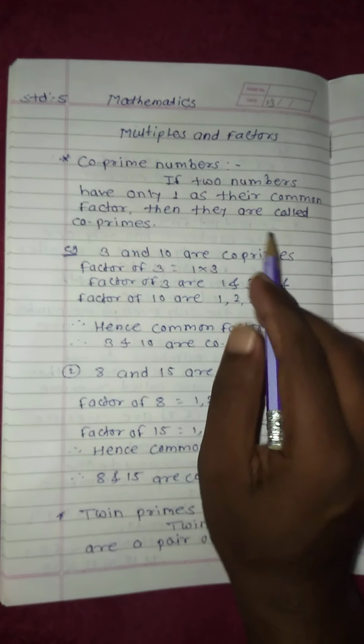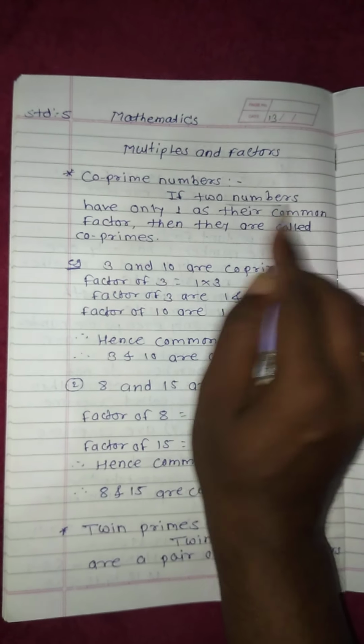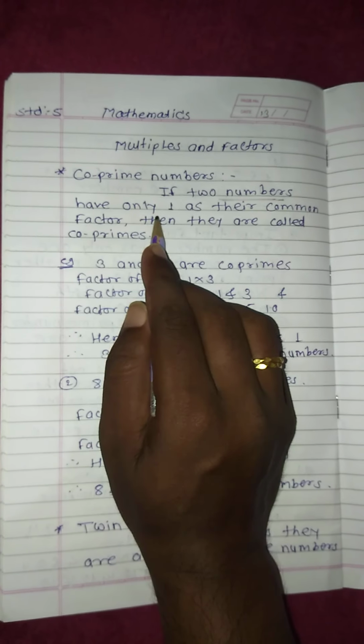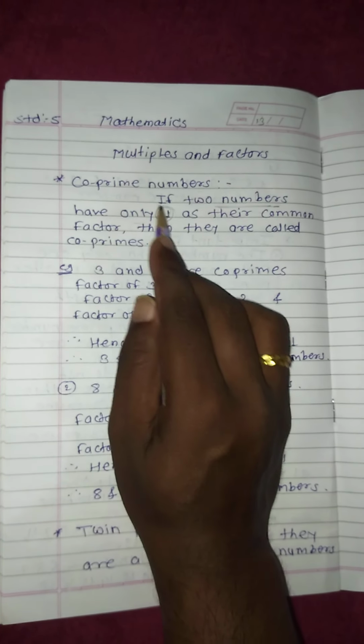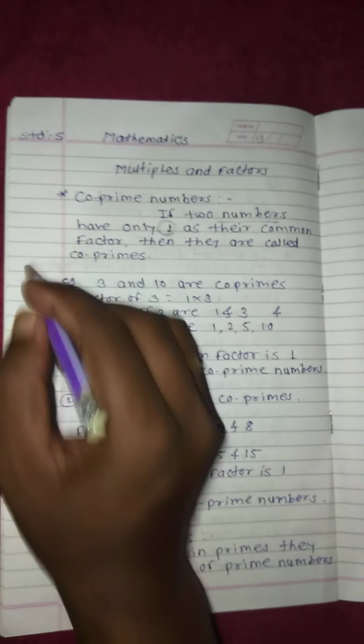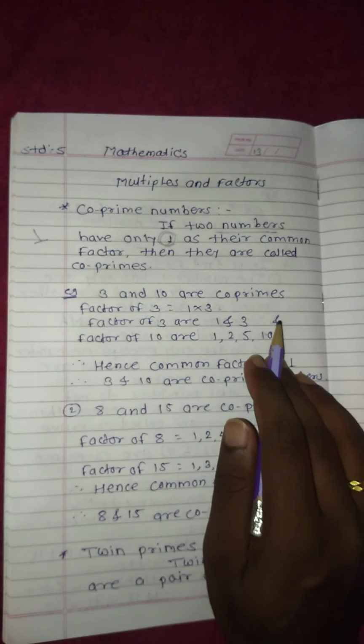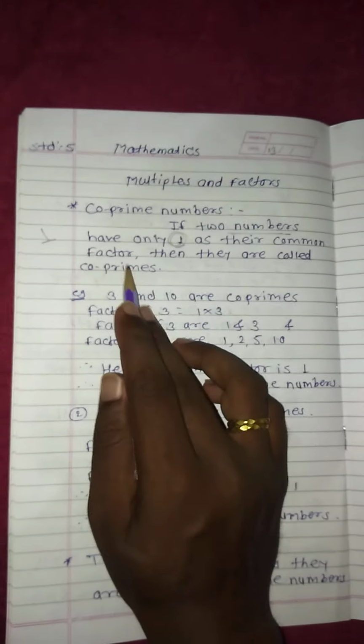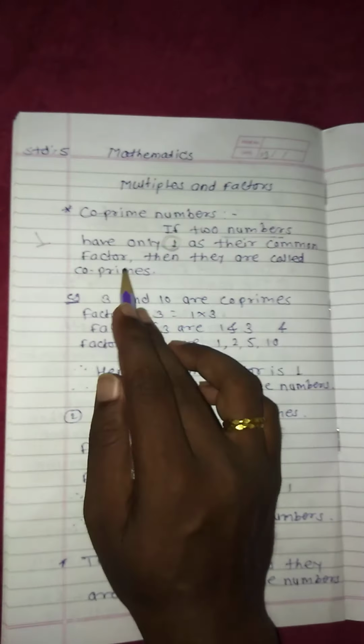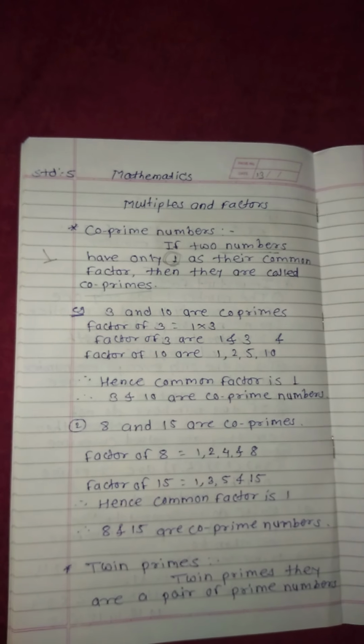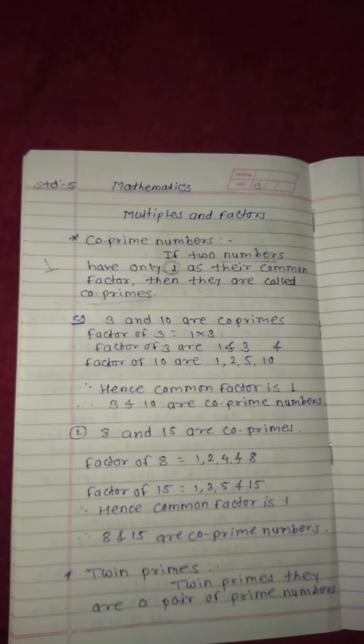Listen carefully and understand. If two numbers have only the number 1 as their common factor, then they are called co-prime numbers.